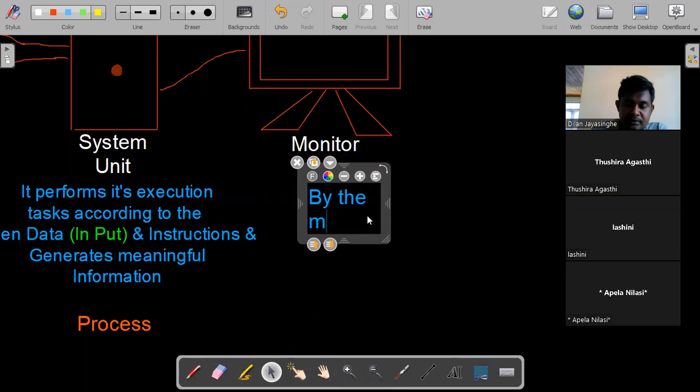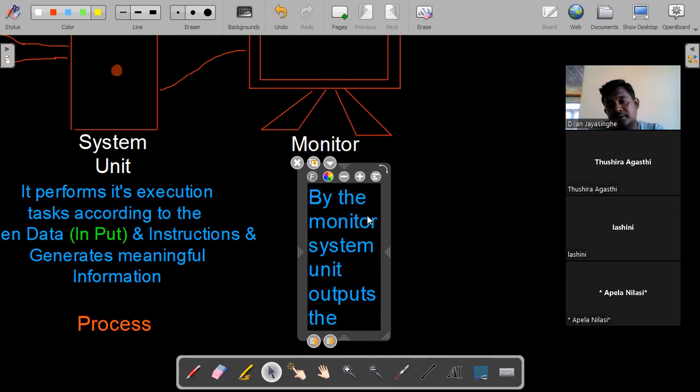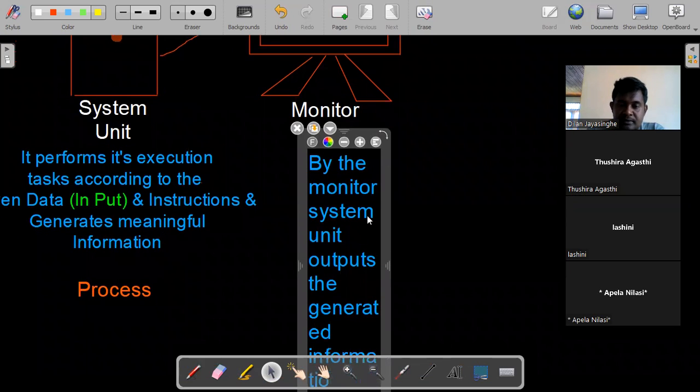By the monitor, the system unit outputs the generated information.